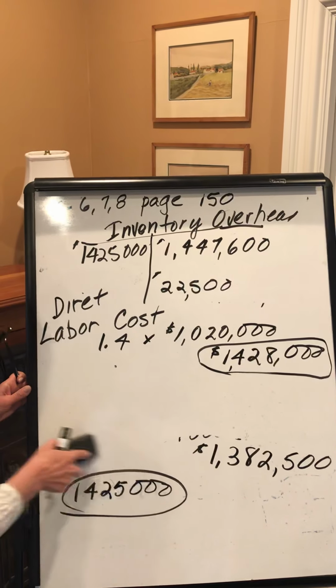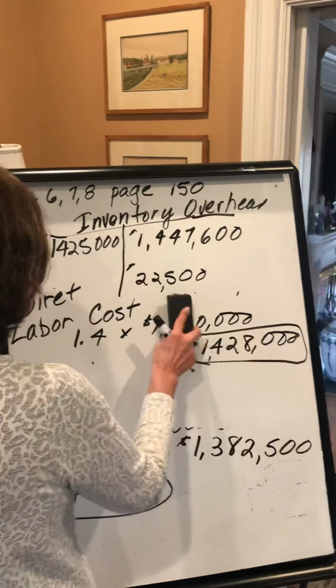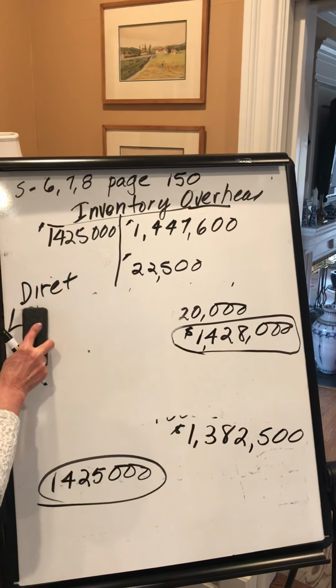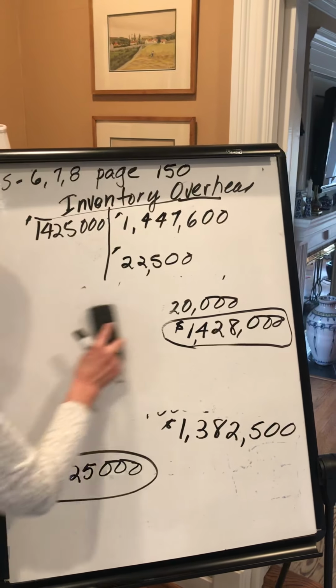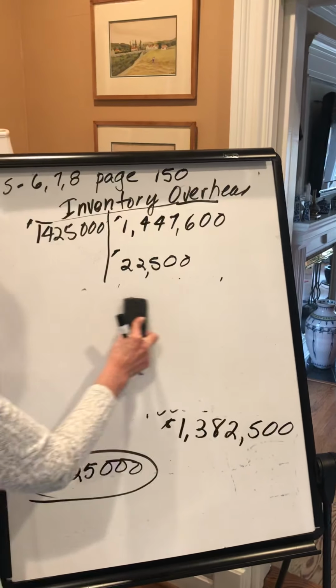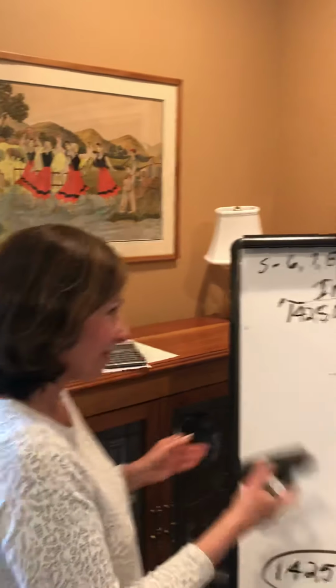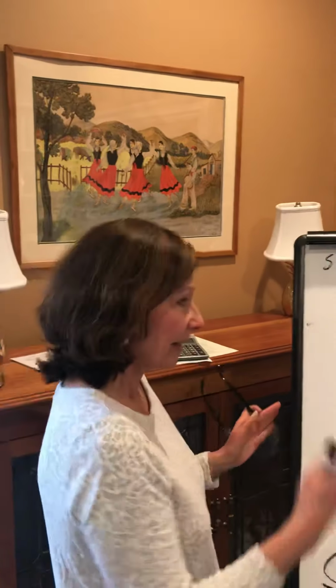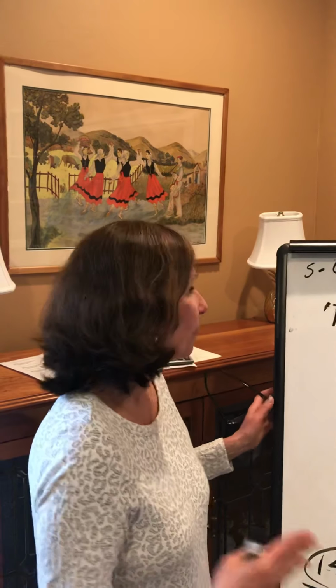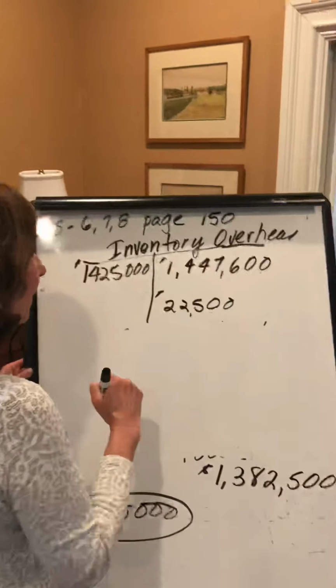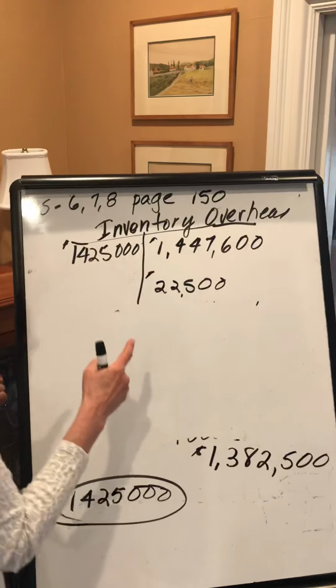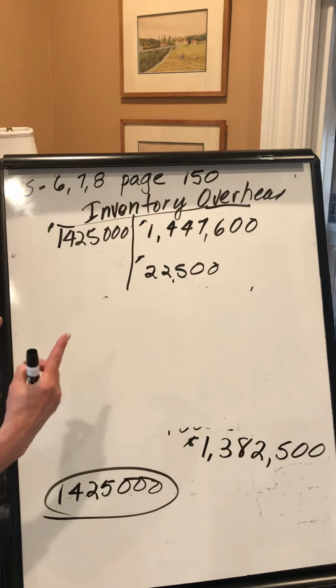But I'm going to show you what the journal entry will be to fix this over allocation. And I know how much you all enjoy working with debits and credits, but nonetheless, it is one of the few times in this course we will. So to get rid of that credit in inventory, we need to debit it.